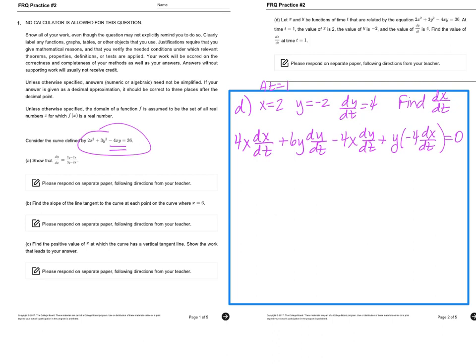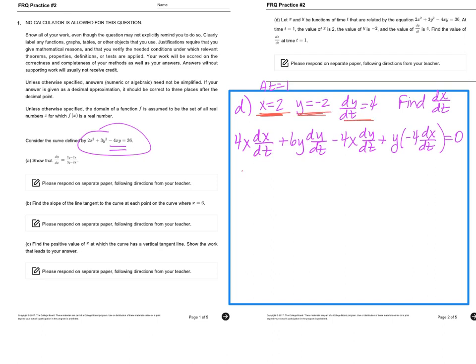Again, some people like to solve for dx dt and clean it up and then plug in the numbers. You can do it both ways. I plug in numbers kind of immediately, and just be very, very careful, okay? Notice, I'm going to do some solving in my head, and that's going to help for some timing. X is 2, y is -2, and dy dt is 4.